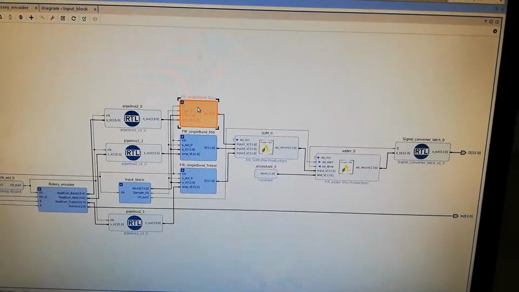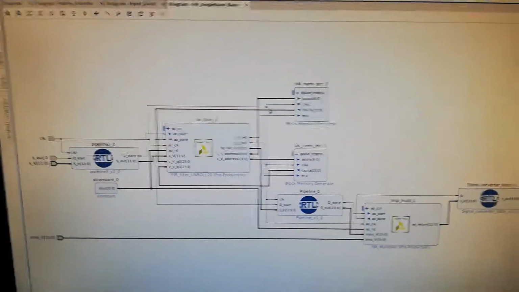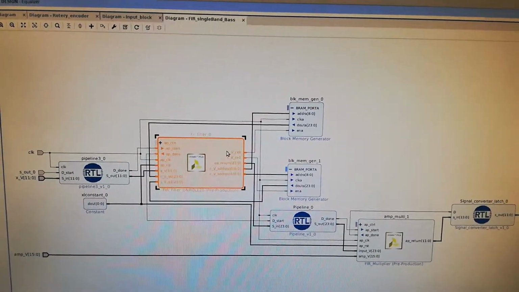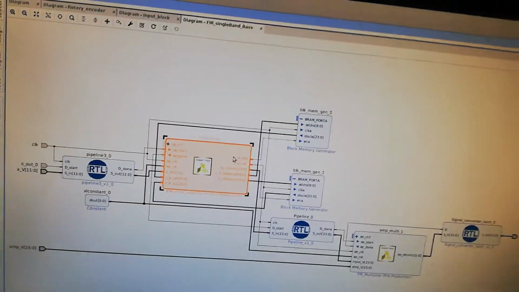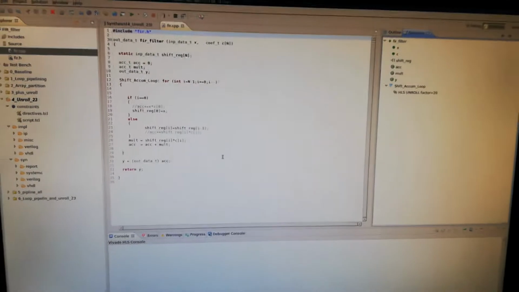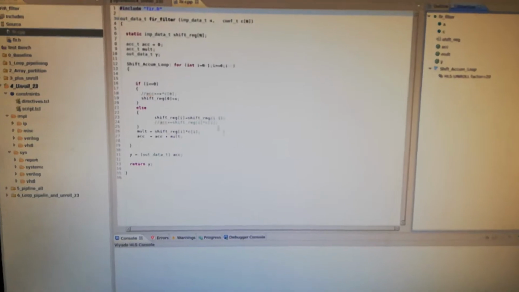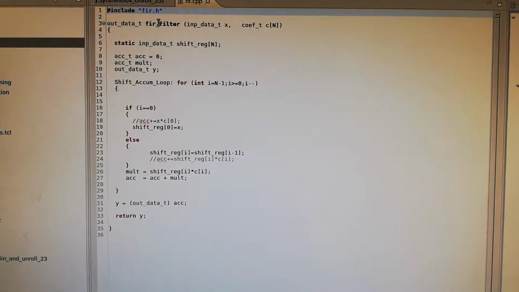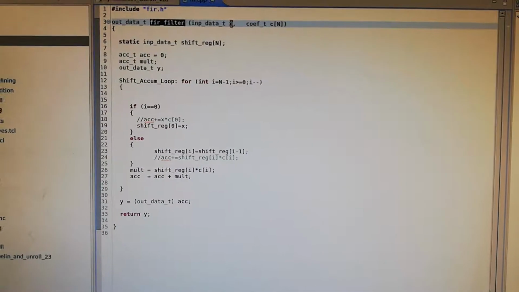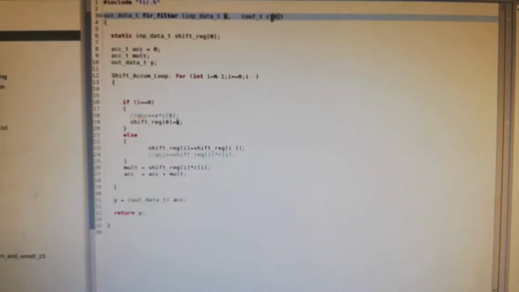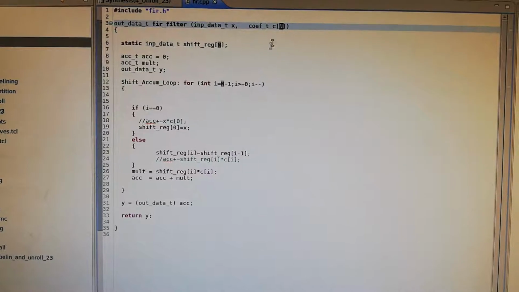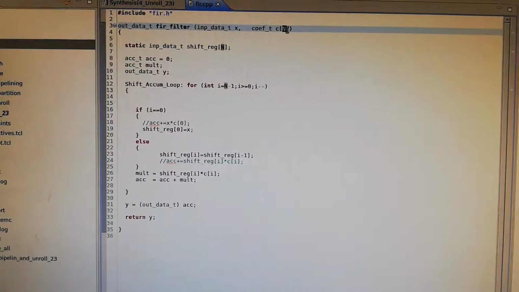So if we open one of these blocks, you can see here this block, which is made in HLS, high-level synthesis. This is a normal FIR filter equation where you have an input signal and the coefficients, where n in my case is 500.